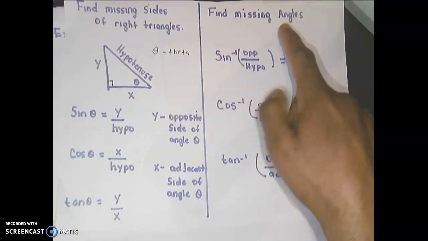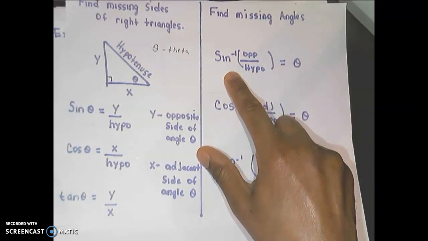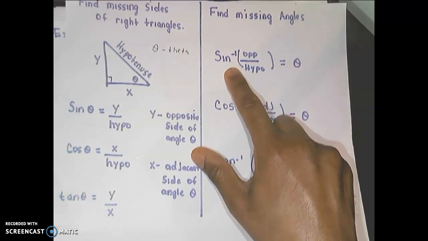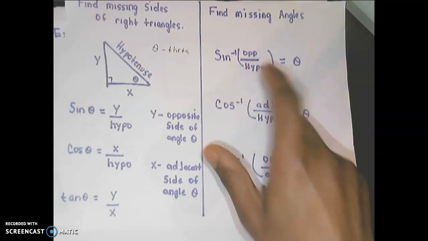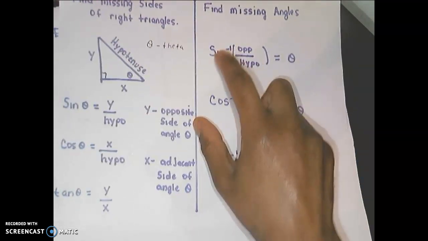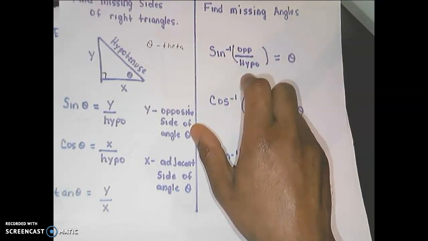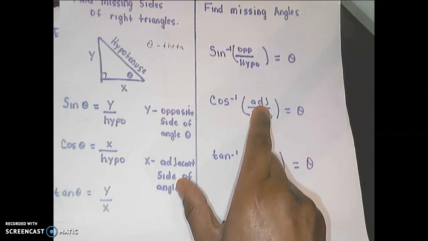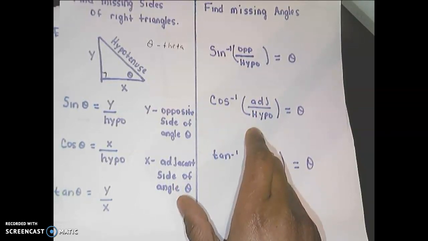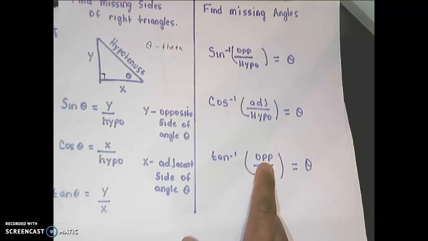And if we want to find missing angles, then we're going to use the inverse function. So in order to find the missing angles, we're either going to use sine inverse, cosine inverse, or tangent inverse. So this is the sine inverse of the opposite side over the hypotenuse, cosine inverse of the adjacent side over the hypotenuse, and lastly, we have the tangent inverse, the opposite side over the adjacent side.